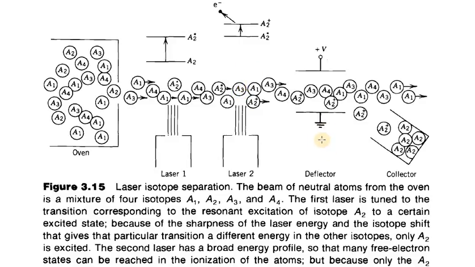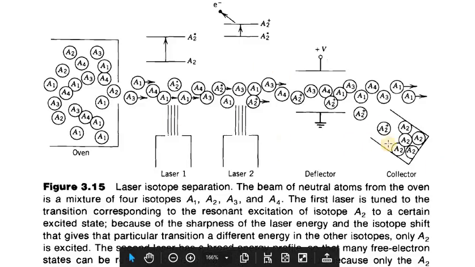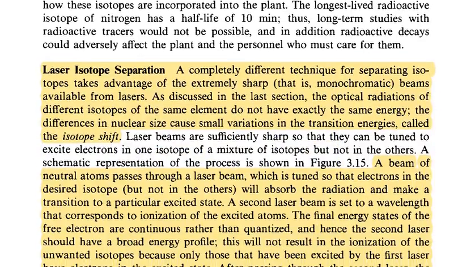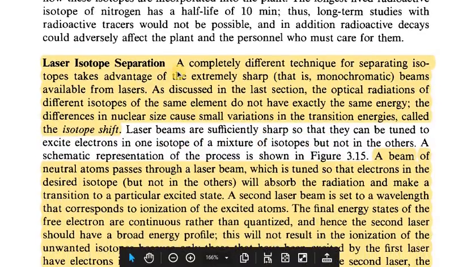The deflector, by applying potentials, can deflect the charged atoms, and the uncharged isotopes are undeflected. The deflected isotopes are collected by the collector. This is the method of isotope separation, laser isotope separation.